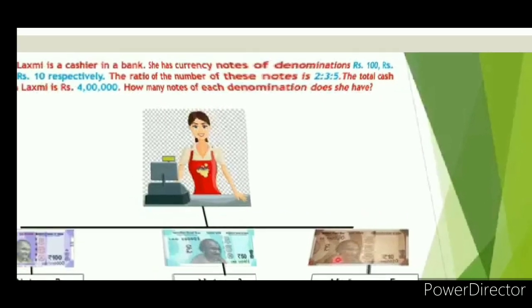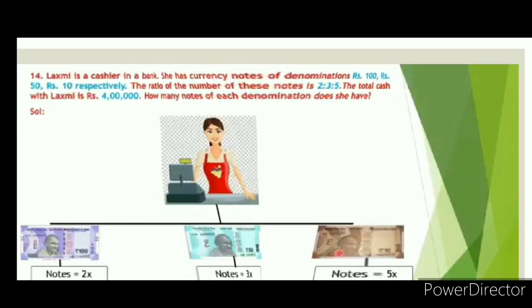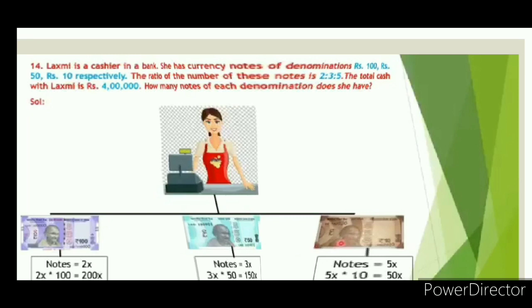So remember that we should take the factor x and multiply these ratios with that factor. Not only x, children, you can take any variable, n, l, m, o. But x is very familiar, so I am using that. The total cash with Lakshmi is rupees 4 lakh. How many notes of each denomination does she have?